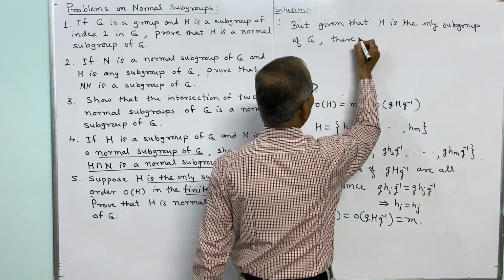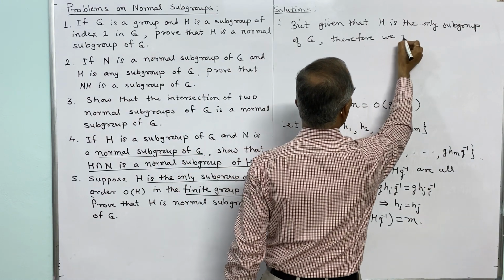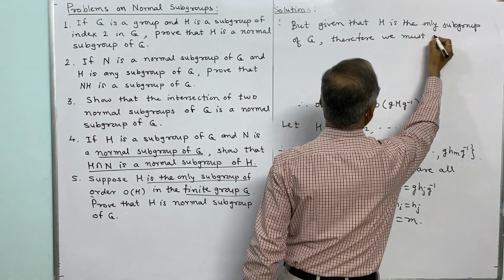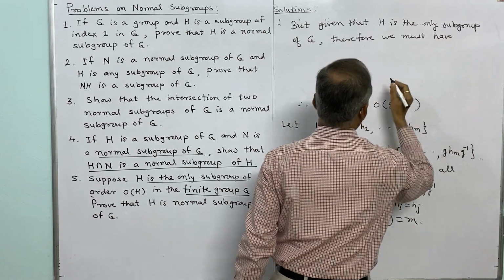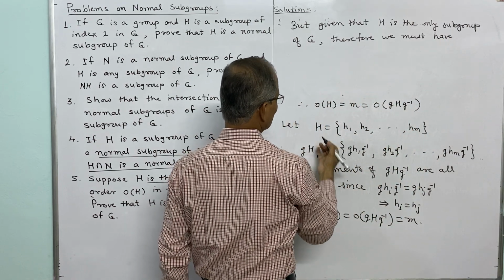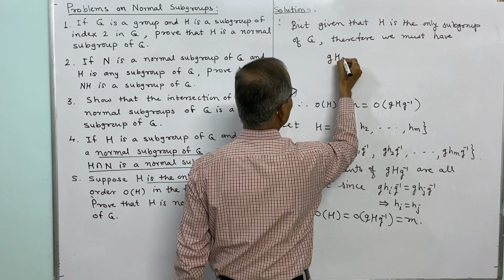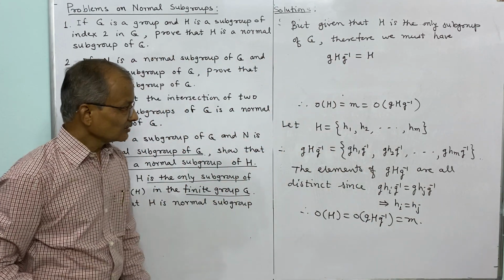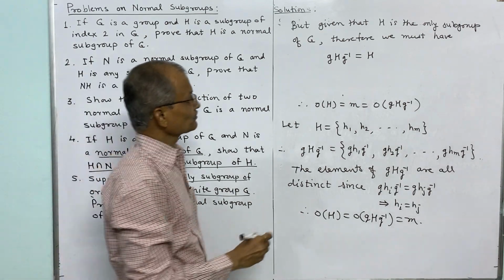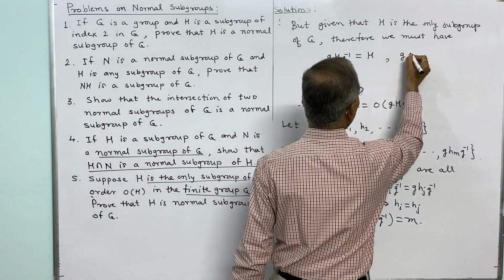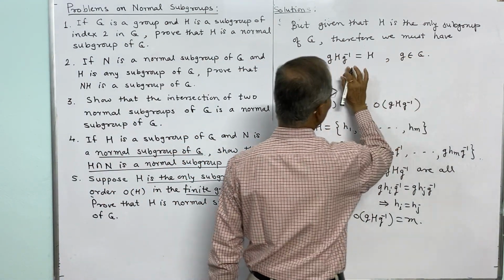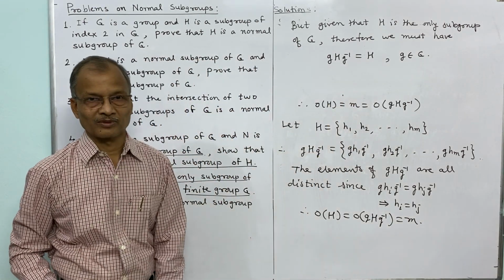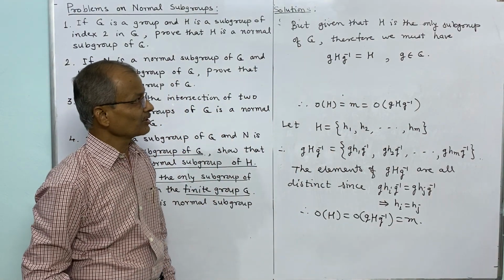Therefore we must have gHg inverse equal to H for every g belonging to G, and this is the condition for a normal subgroup. This proves H is normal in G.